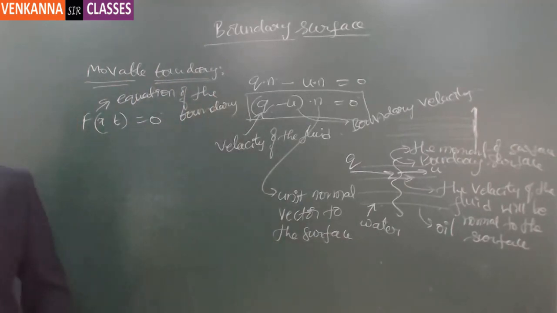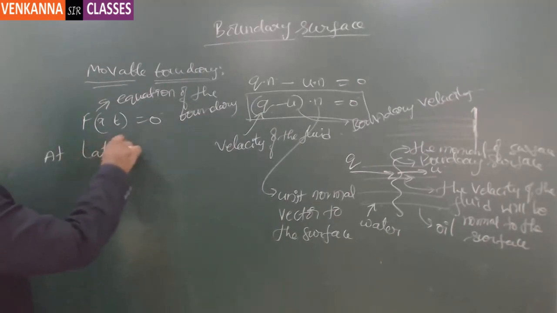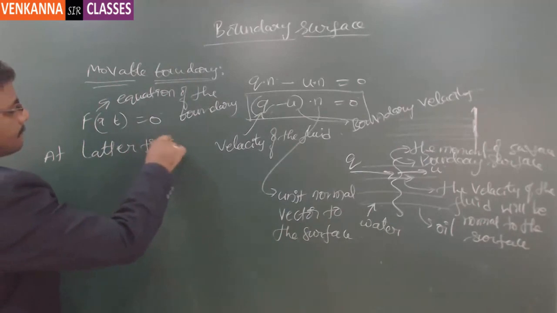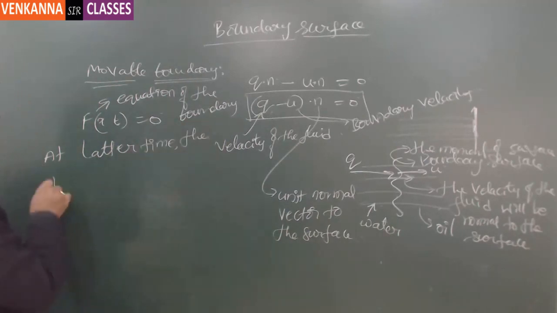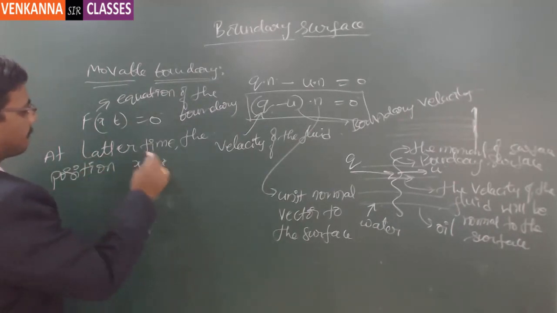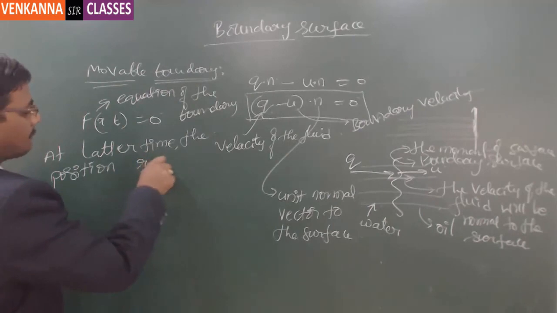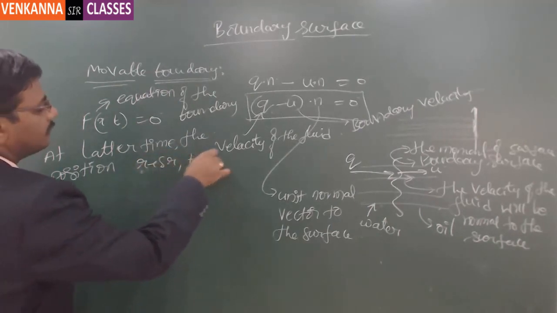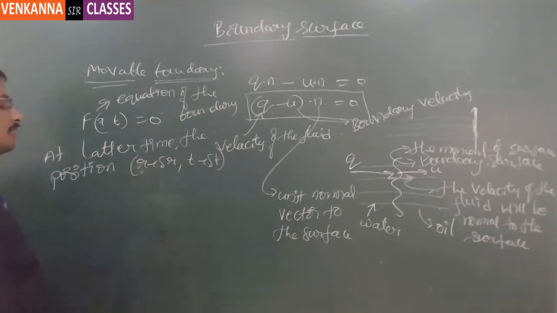So this is the equation of the boundary, and then suppose at a later time the position will be r plus delta r comma t plus delta t. Now this is the new position of the boundary.